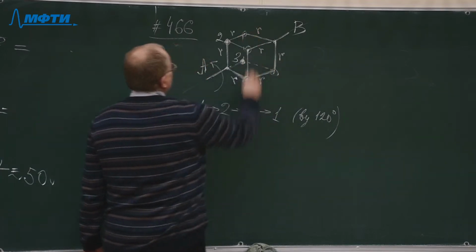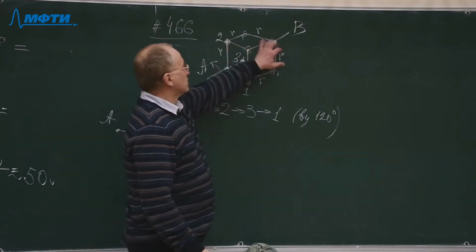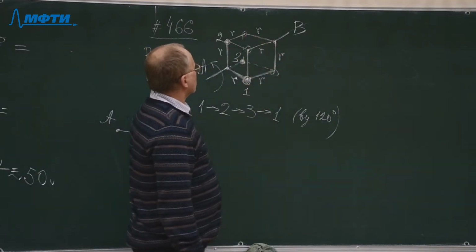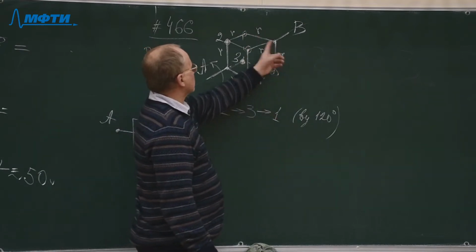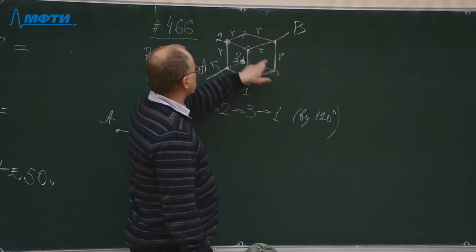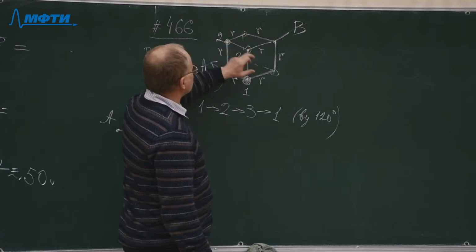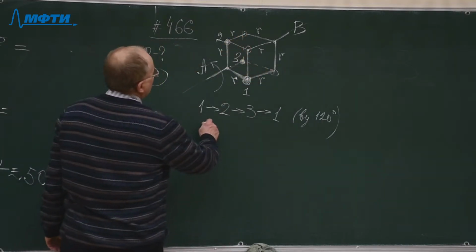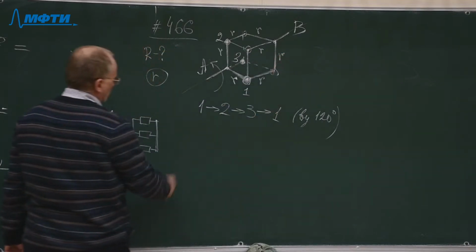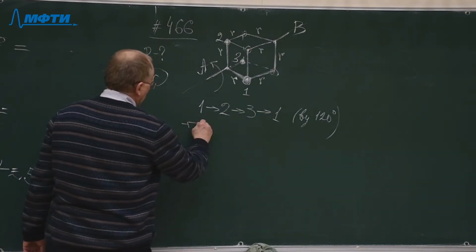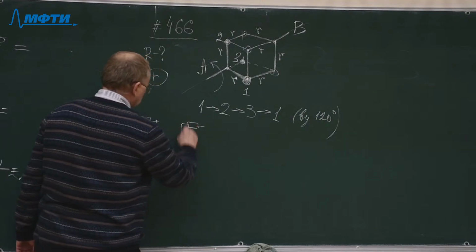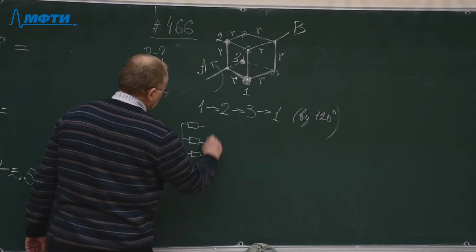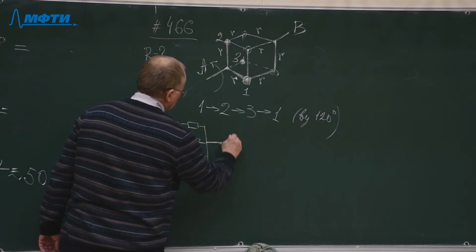They will also represent 3 resistors connected in parallel, because the electric potential at these points is the same. So at the other side of the cube, closer to point B, we will have the same connection of resistors, and this is point B.